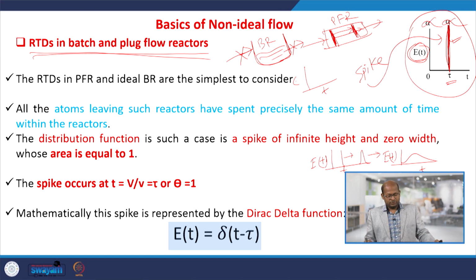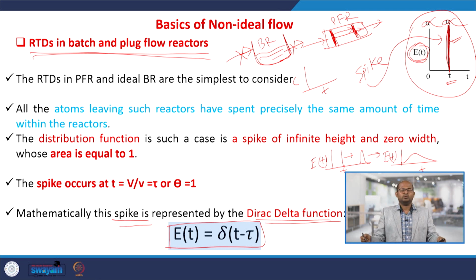Now this type of spike is mathematically represented by the Dirac delta function, and it is expressed as E(t) = delta(t - tau), for ideal batch reactors and ideal plug flow reactors.